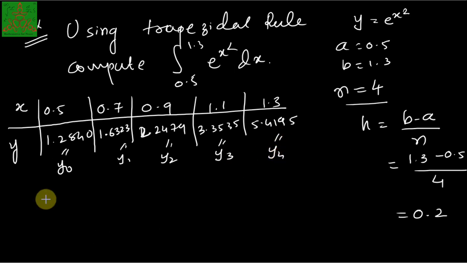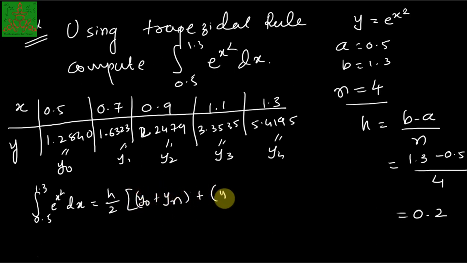According to the trapezoidal rule, the integration from 0.5 to 1.3 of e power x square dx, as per the formula, is h by 2 times y0 plus yn, plus 2 times y1 plus y2 up to yn minus 1.